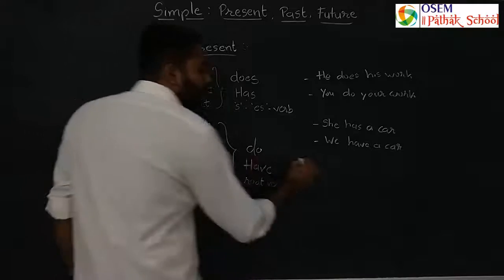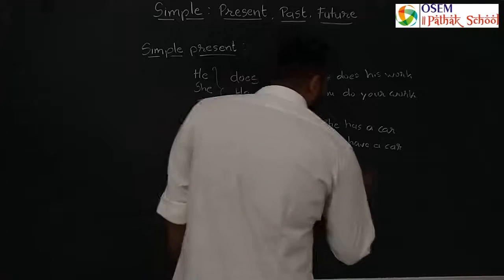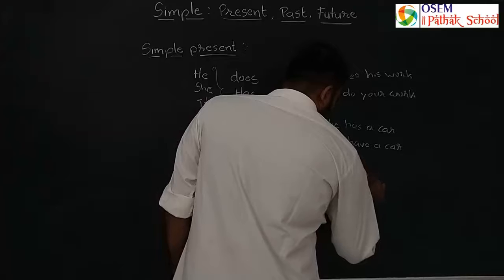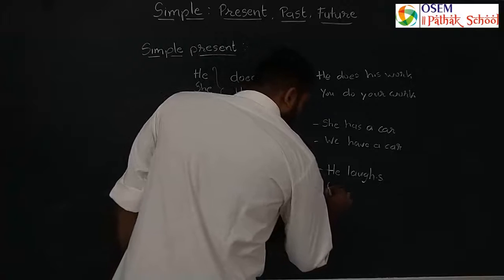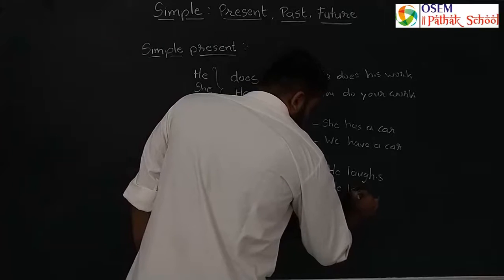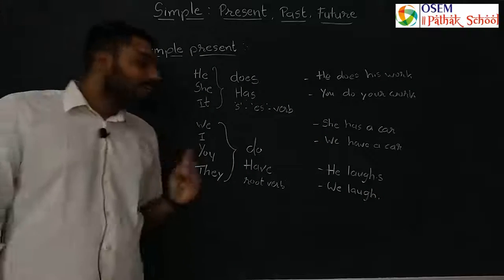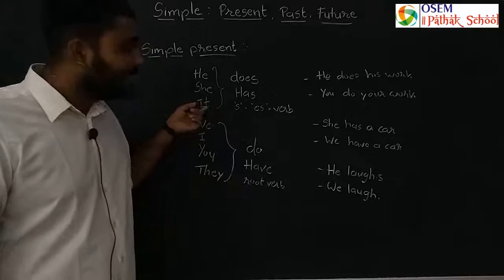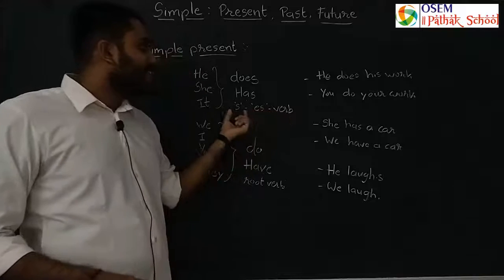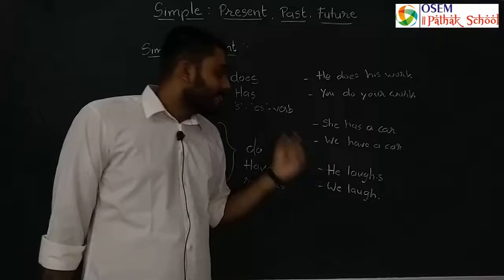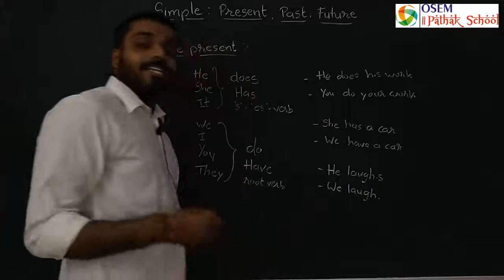And the last is about the verb. In the verb, there is a minor difference: with he, she and it, we will have to use the verb ending with s or es. मान लीजिए अगर verb जो कि एक verb है वो है laugh यानी कि हंसना.